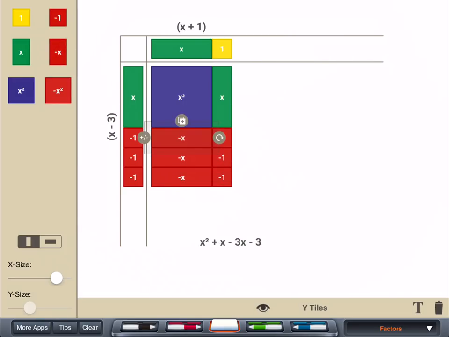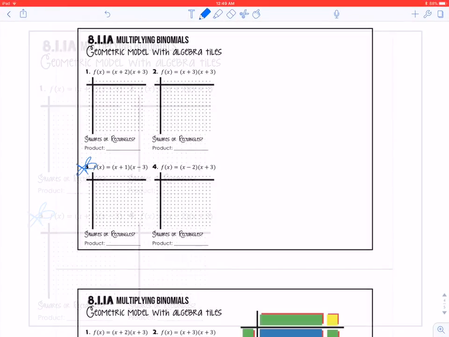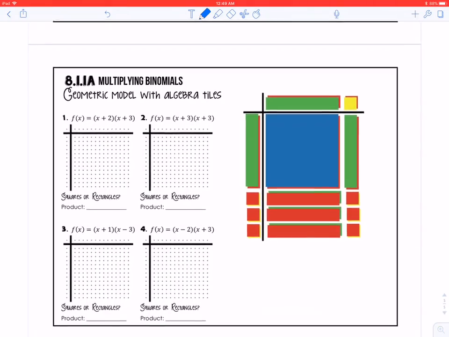We want to line up our factors, x minus 3 times x plus 1, and then go ahead and line up your shapes to fill in that area. You're always starting with your largest shape in the top left corner and working your way out and down from there. So let's go back to your record sheet. And let's see, this is what we had here.